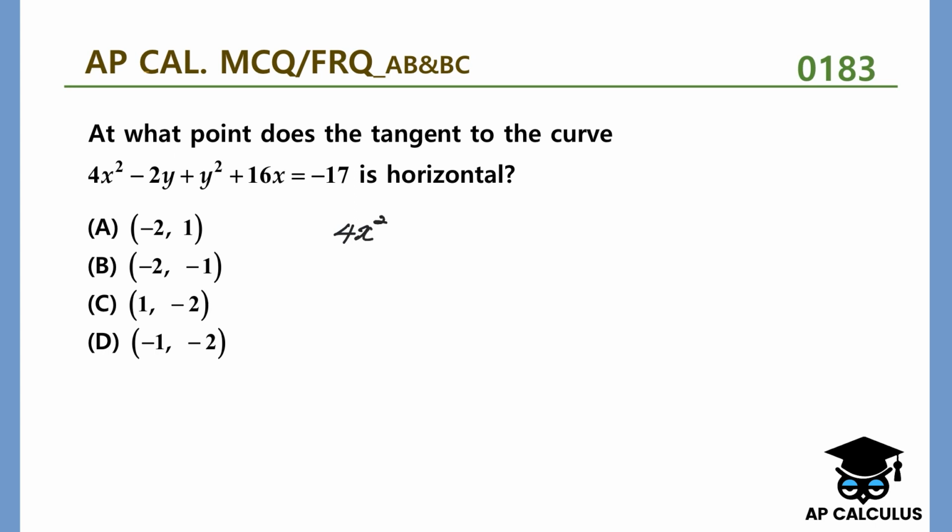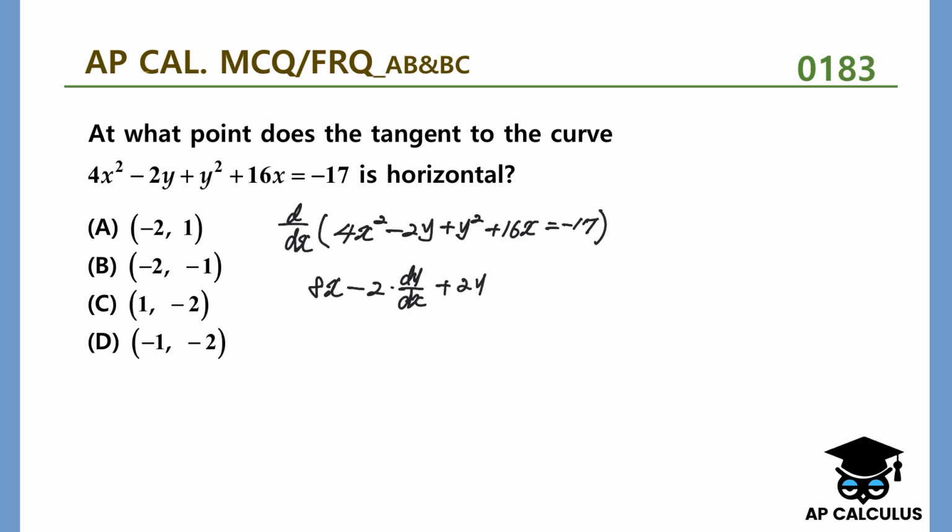We have 4x squared minus 2y plus y squared plus 16x equal to negative 17, and differentiate with respect to x. So the derivative of 4x squared is 8x, minus 2 times dy over dx, plus 2y times dy over dx, plus 16 is equal to 0. The derivative of a constant is 0.